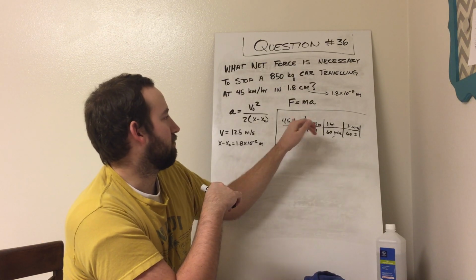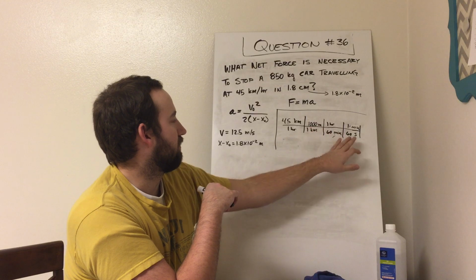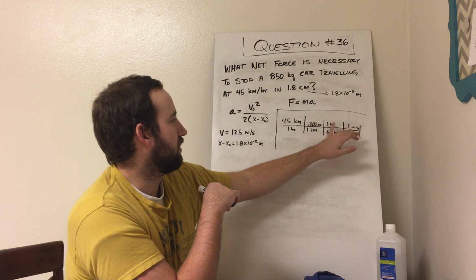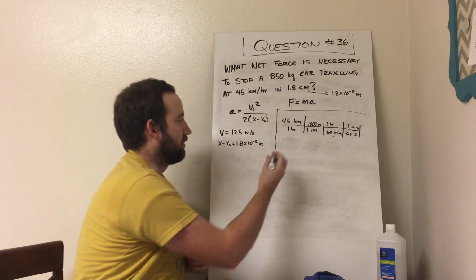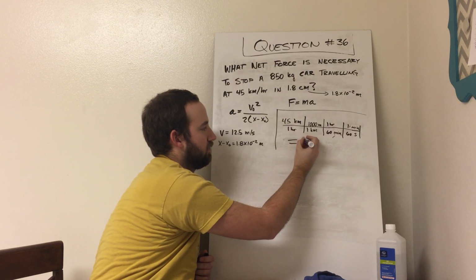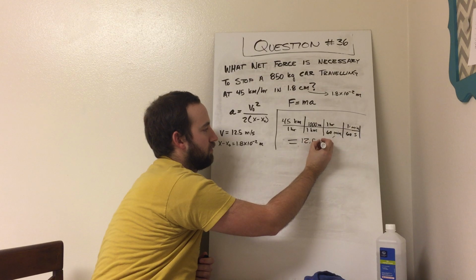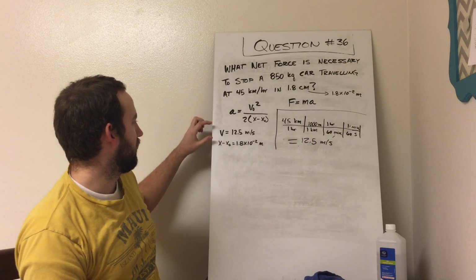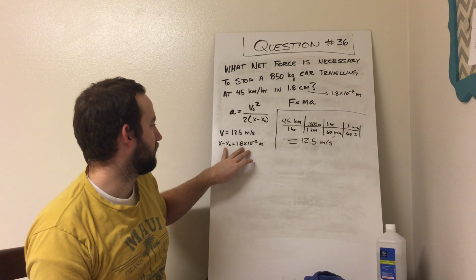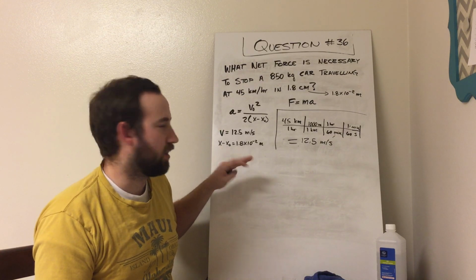So I did some dimensional analysis and everything cancels out, leaves us with meters per second, and that ends up equaling 12 and a half. And this is our diameter of a dime.